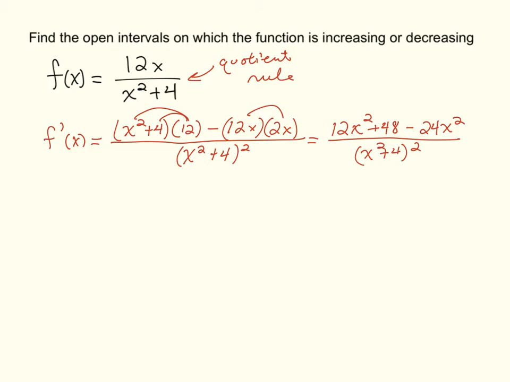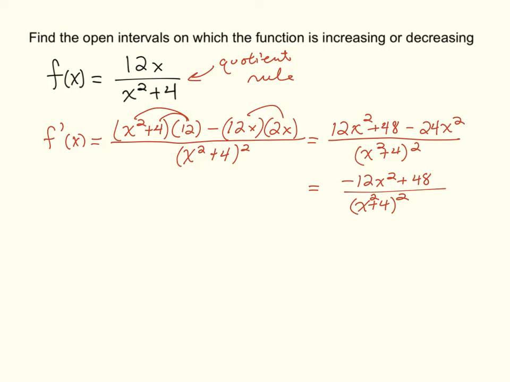The last step is to combine the x squareds in the numerator to get a final simplified derivative of negative 12x squared plus 48 all over x squared plus 4, the quantity squared.